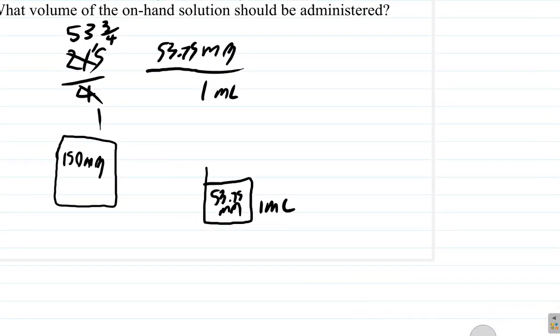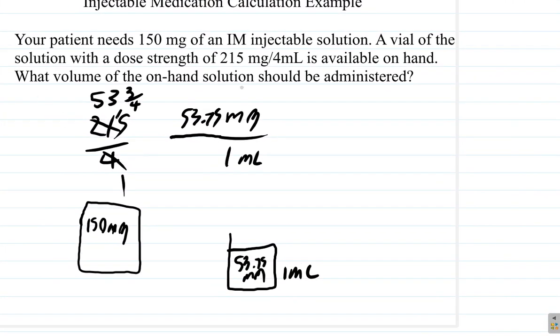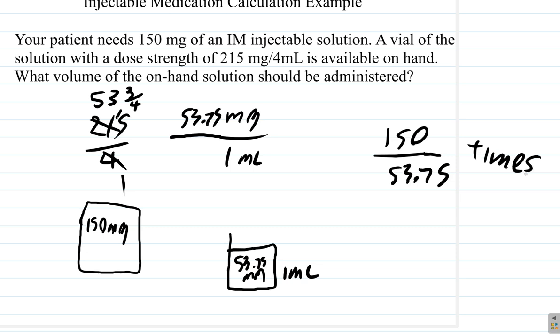This was from previous work. What you do is say, how many times larger is the milligram needed? It's 150 divided by 53.75, right? This is how many times larger the milligrams that you will have.